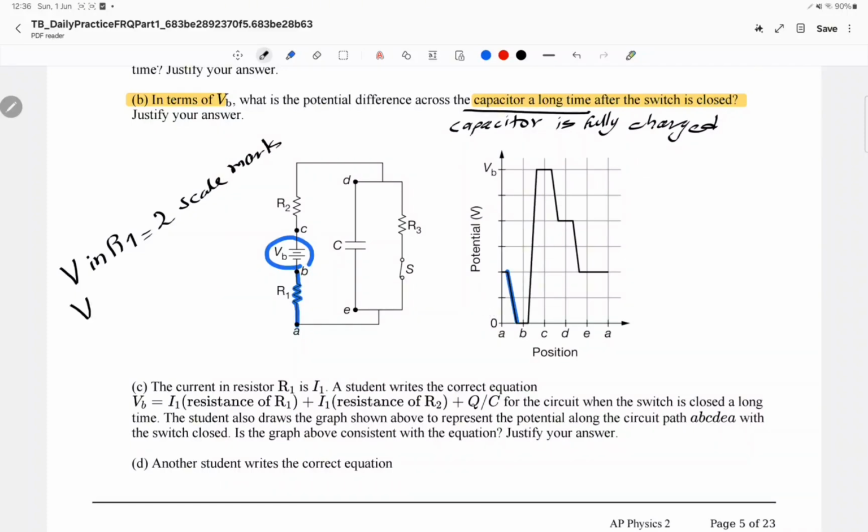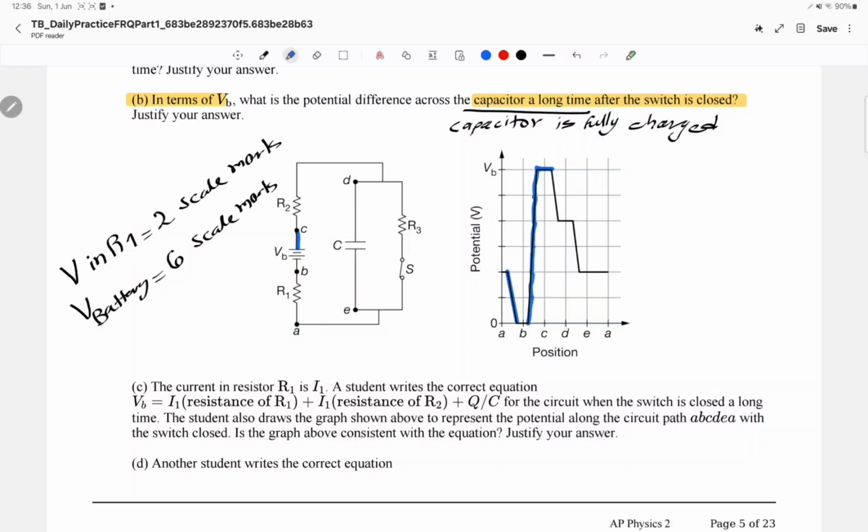Then if we go through the battery, which equals the voltage drop of 3 resistors, we should then get up by 6 scale marks. So 1, 2, 3, 4, 5, 6. Perfect. Okay. Now we're going to go through this piece of wire, which means no voltage drop.